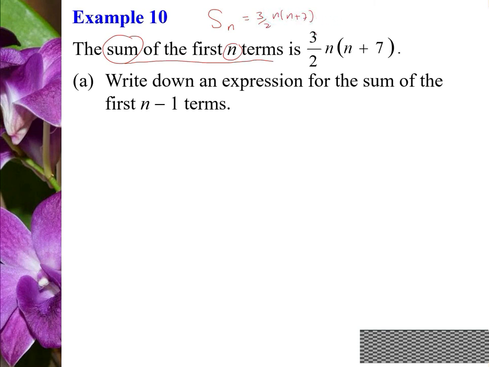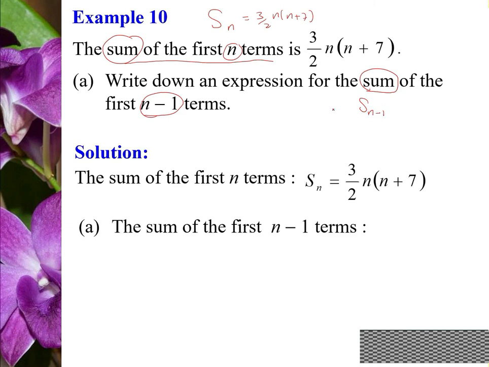Next, the question wants us to write down an expression for the sum, big S, of the first n minus 1 terms, subscript n minus 1. How to solve this question? They have given us the general formula of the sum of n terms. That means if we want to find the sum of 2 terms, we can simply substitute in n equal to 2.